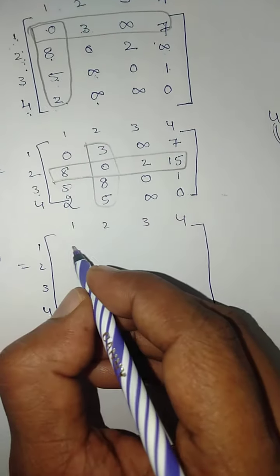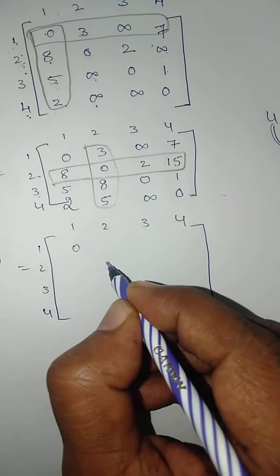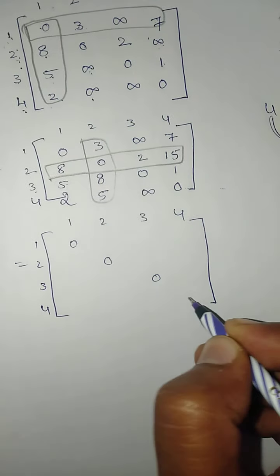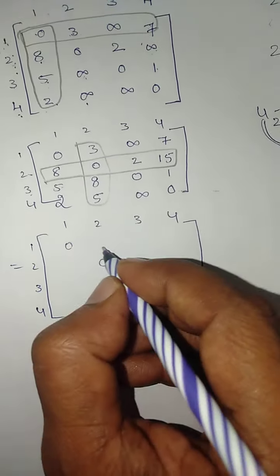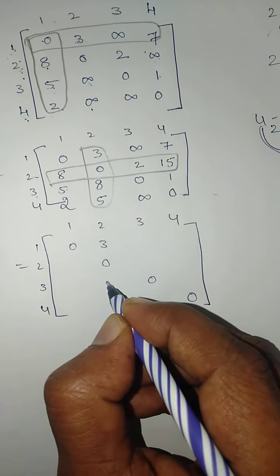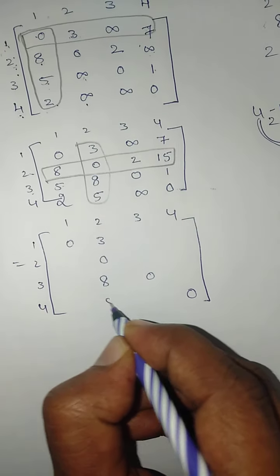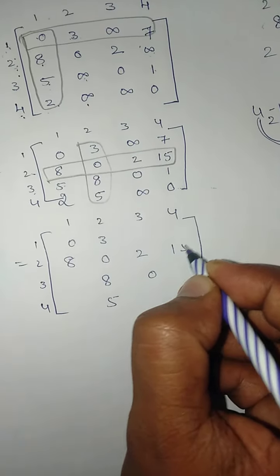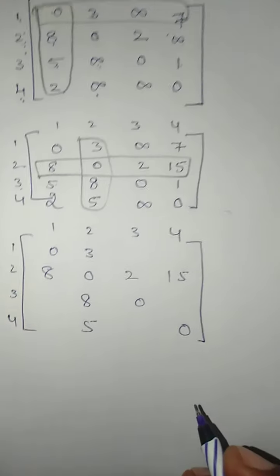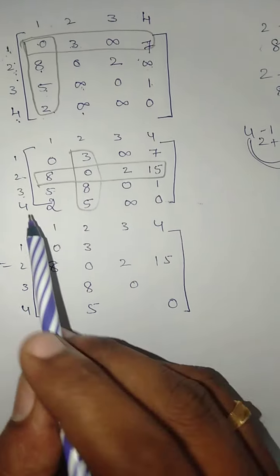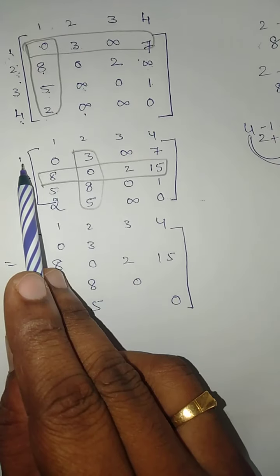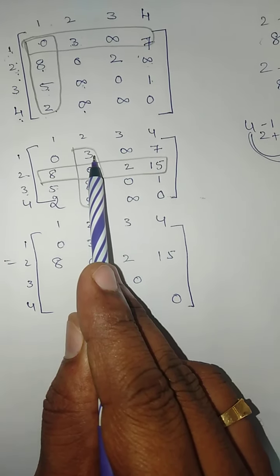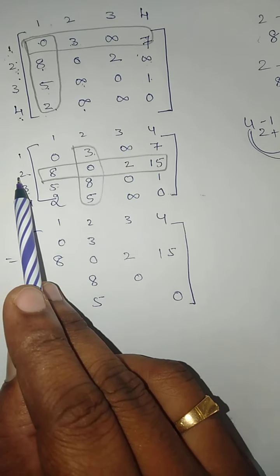So I will retain these zeros as it is because they will not change anyhow, isn't it? Second row, second column as it is 8, 5, and then this 8, then 2, 15. Okay. All right.